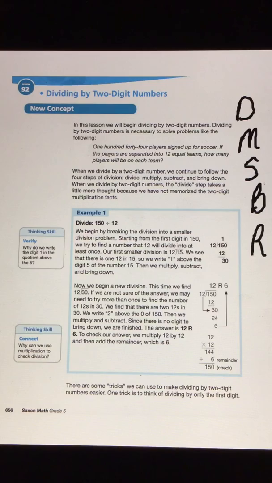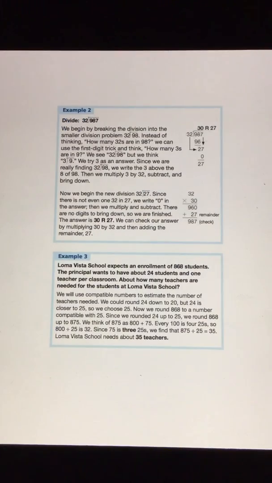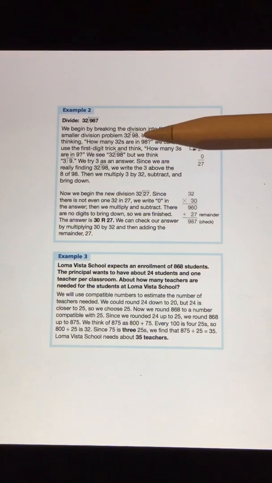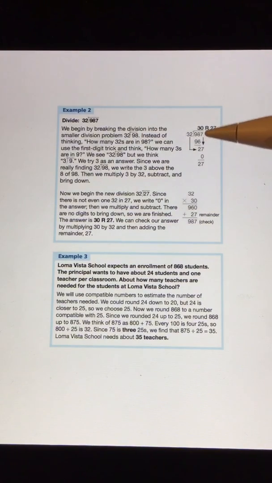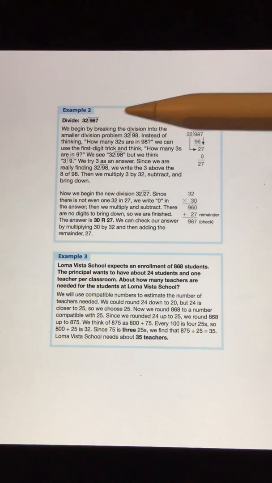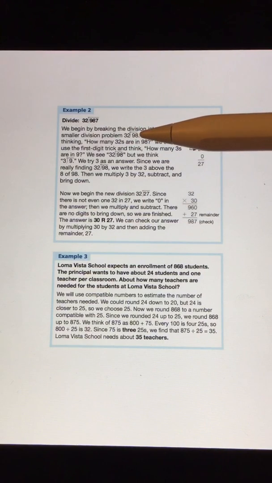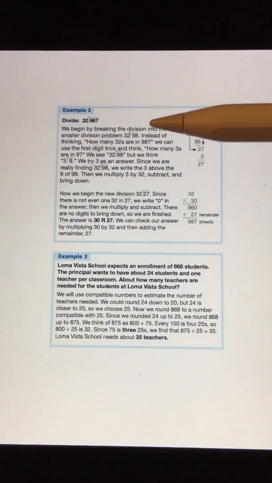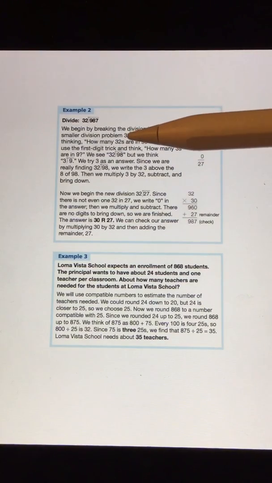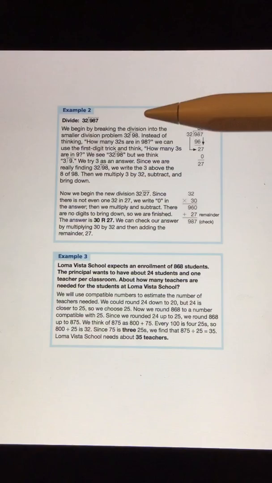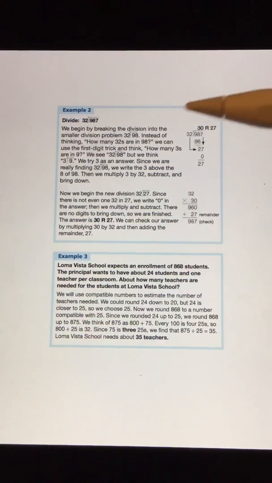There are some tricks we use to make dividing by two-digit numbers easier. We break the division problem into smaller division problems. So this problem of 987 divided by 32, we look at it as 98 divided by 32. Then I look at the 3. How many times would 3 go into 9? 3 times, so that's where I start.